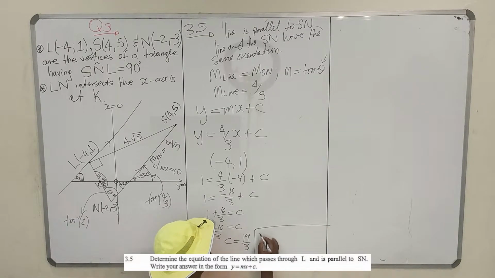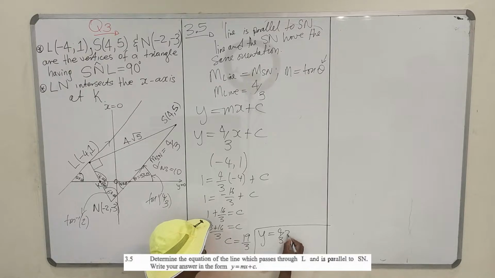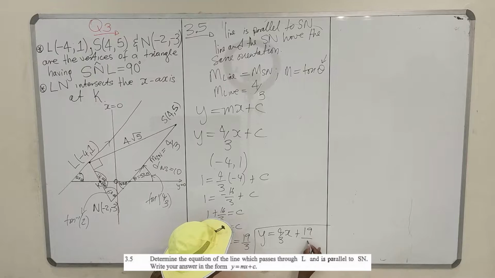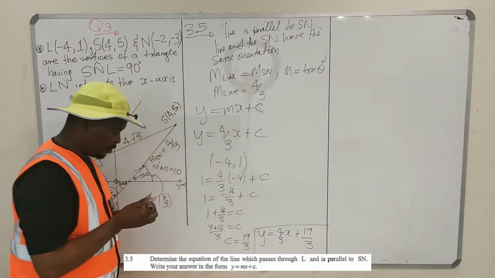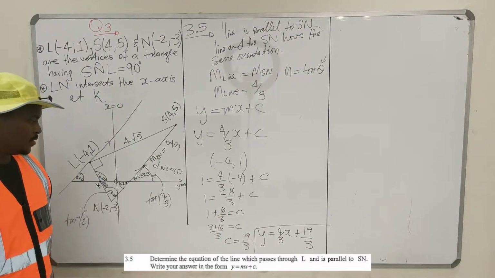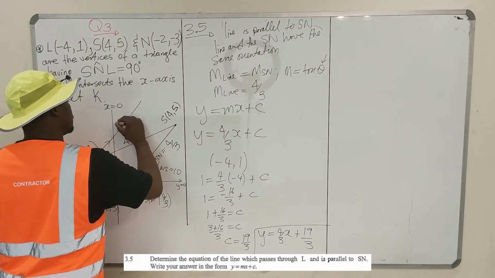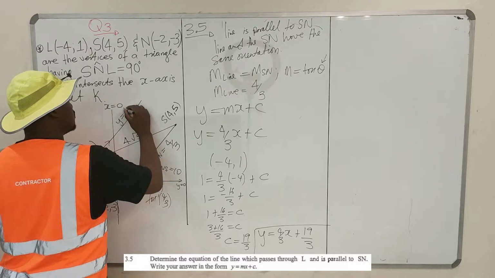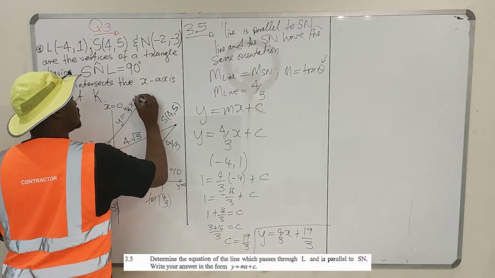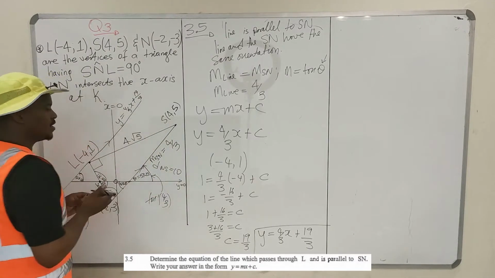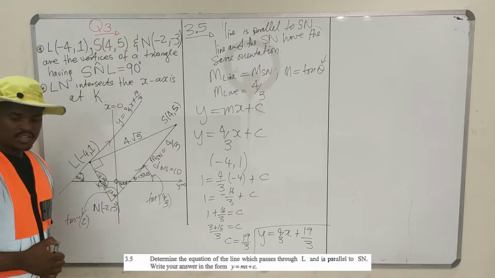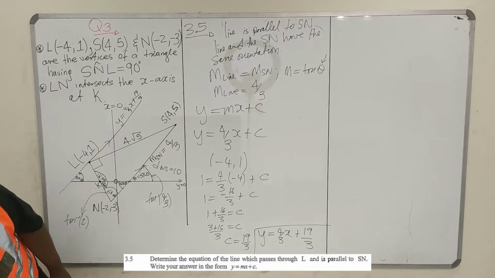So your equation is y is equal to 4/3x plus 19/3. This is the equation of the line. Done with that question. Move to the next one.